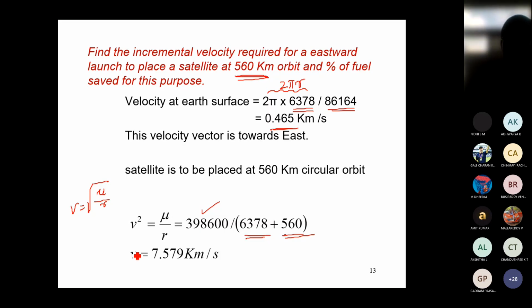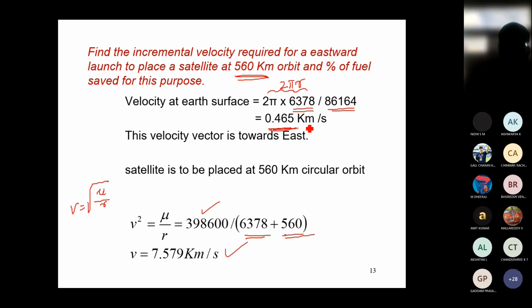So we need this much velocity to launch the satellite in an orbit which is at 560 km altitude. So this is the required velocity. But by default, even if the satellite is not launched, the satellite is moving at this velocity. So what is the additional velocity the satellite requires?